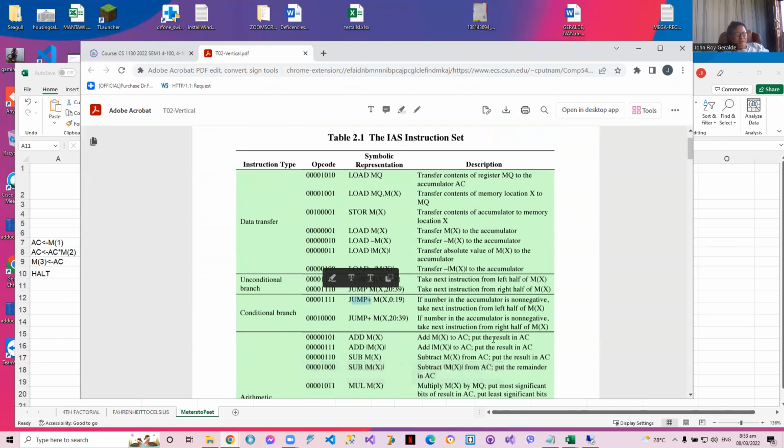Any questions so far? Now we don't have enough time to discuss the looping, so we will discuss it next meeting. Okay. Anyway, there's no assignment yet except the old one. So any questions?